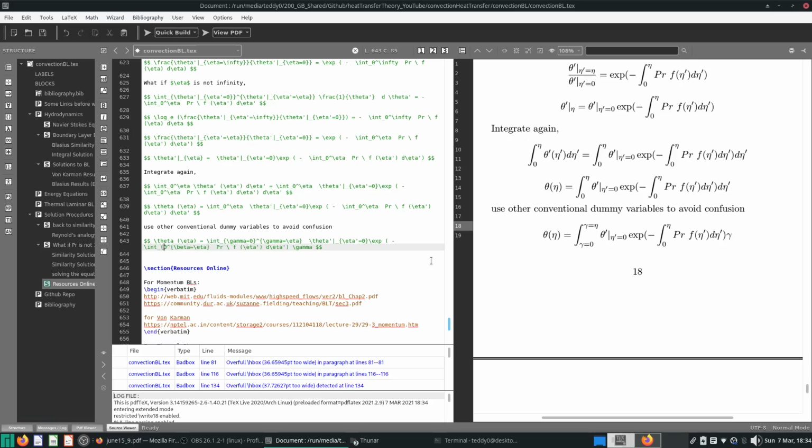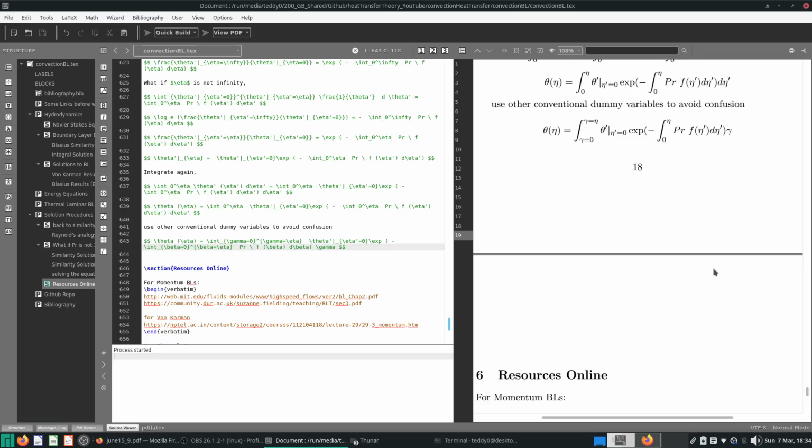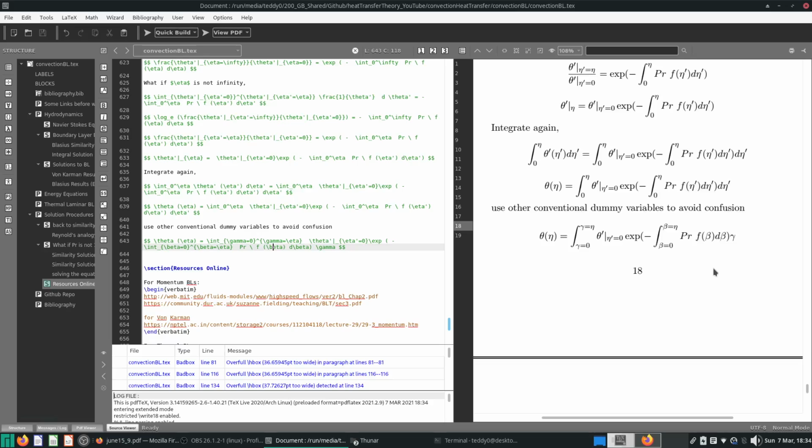So that's from Bijan's textbook. It uses this kind of a thing. So I use beta as the dummy variable. Beta and eta are just one letter of difference. I just realized. Discovery of the day.